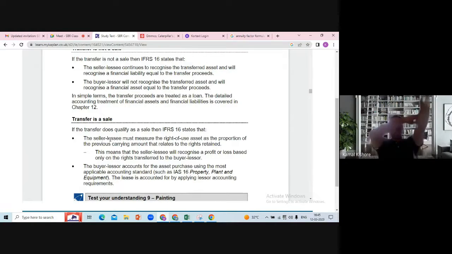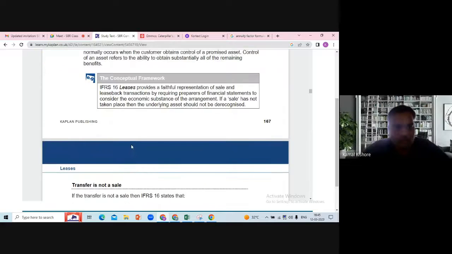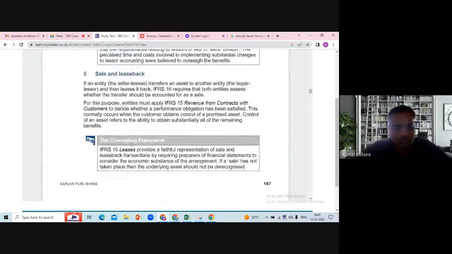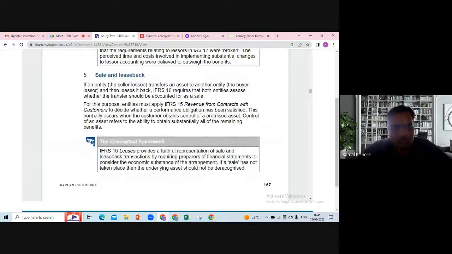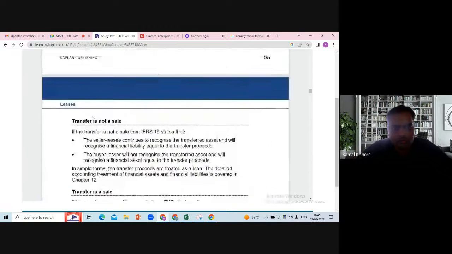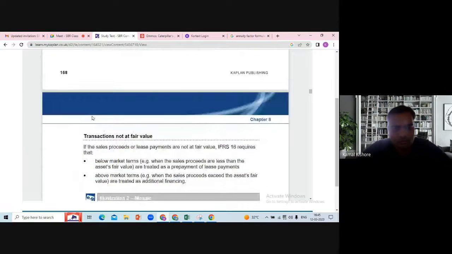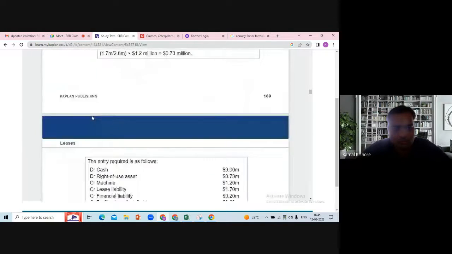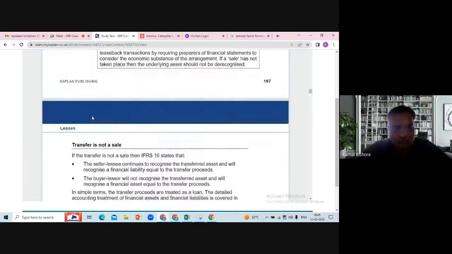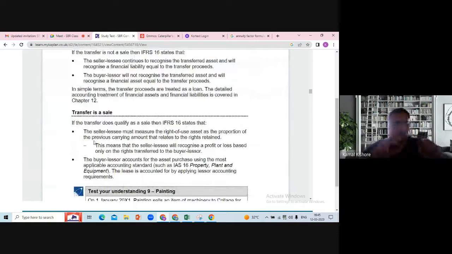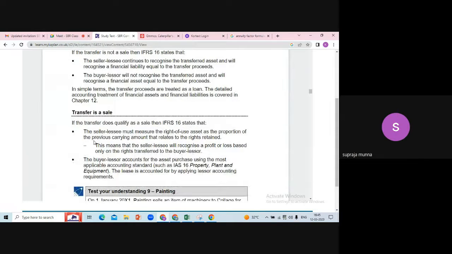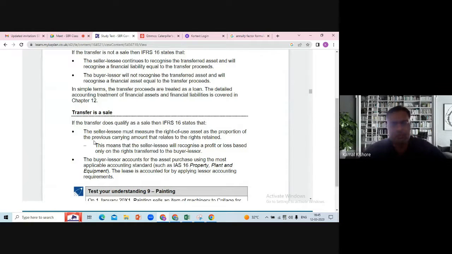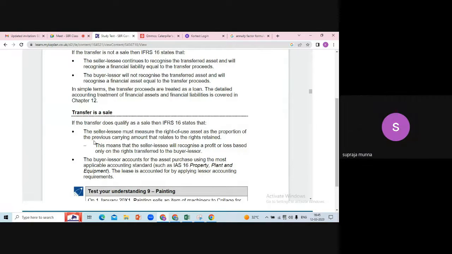If the transfer is a sale, that means it is actually a sale, genuinely a sale. If it is genuinely a sale, then you are more or less exempt from IFRS 16 requirements.